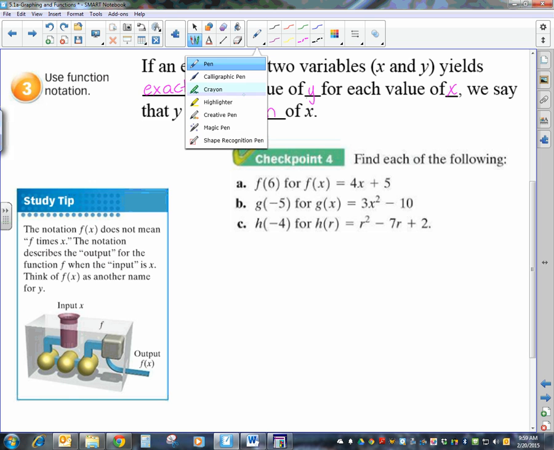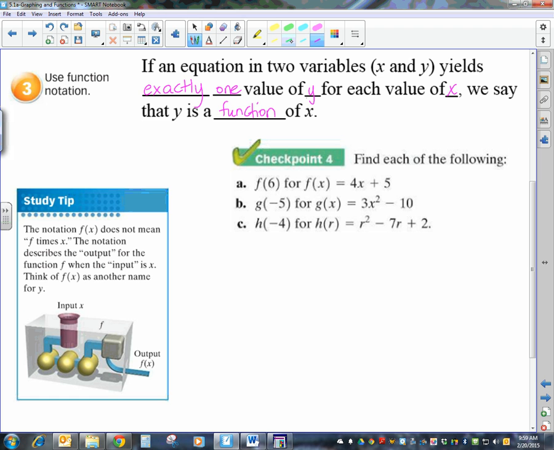So the other things that I gave you for notes that you need to remember is that this is the symbol for f of x, your function notation, but it is notation and it does not mean f times x. Okay, so you're not going to do anything like divide both sides by x. It is just notation. It describes the output for the function f when the input is x. So f of x is just another name for y.